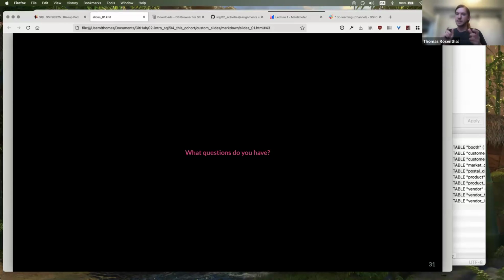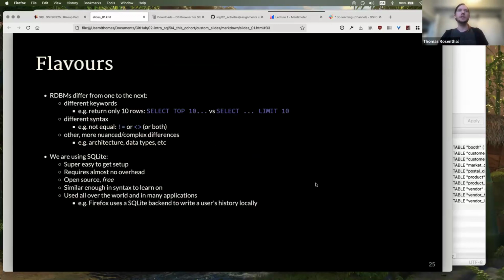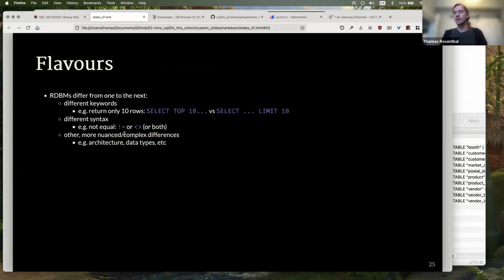That's why they call them flavors. Your keywords are going to be just a little bit different. It's the way that the development, the history of it, came and changed and led to people solving the same problem, but ending up with slightly different results.